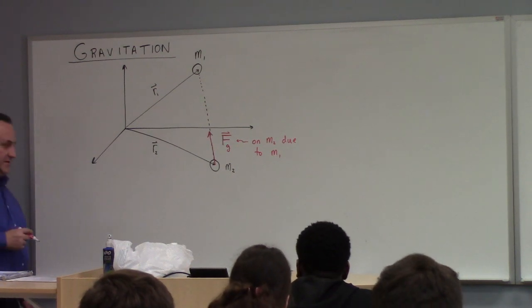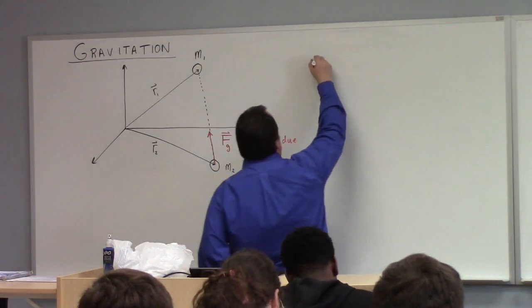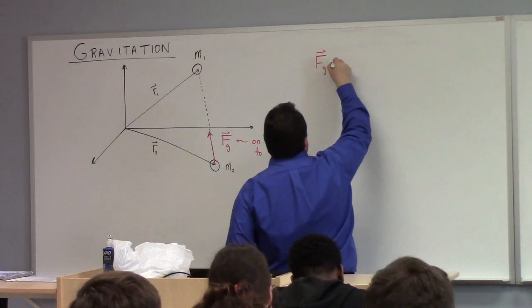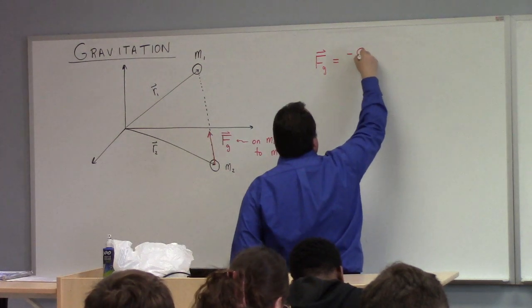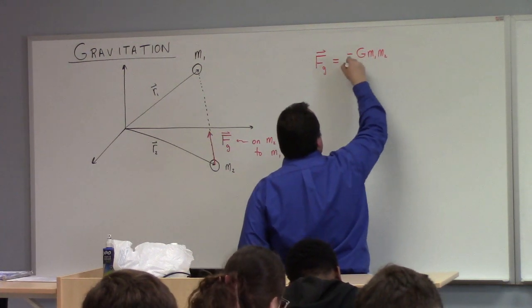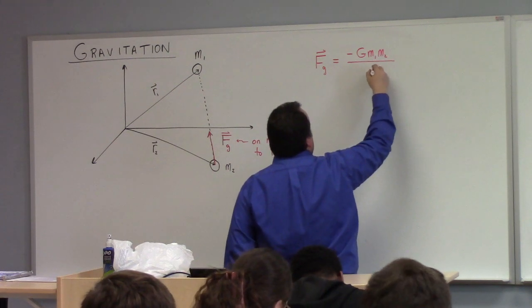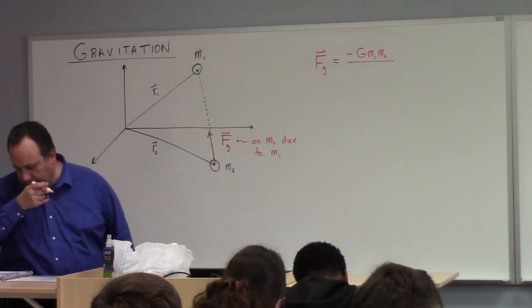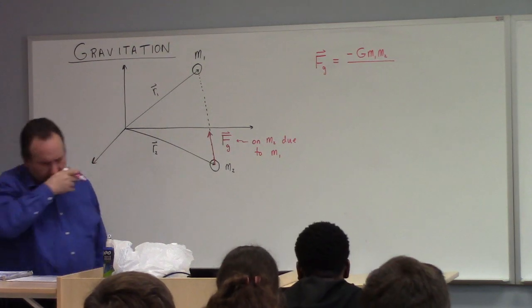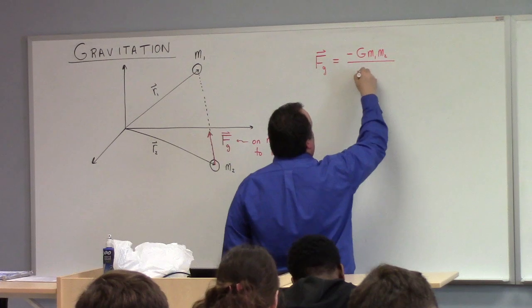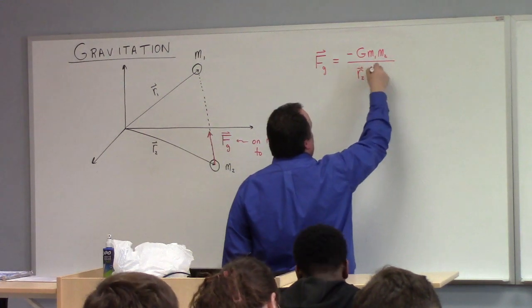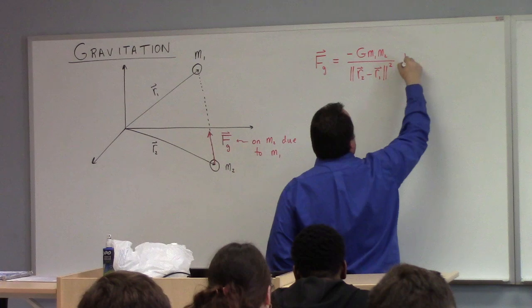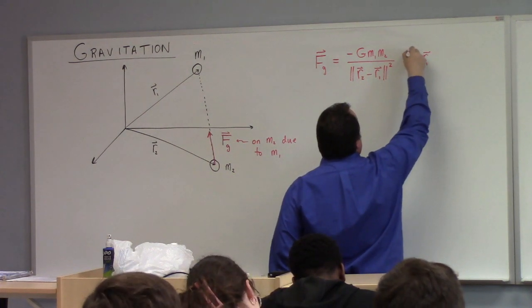And what's the formula for this? Well, the force of gravity, like I just said, on M2 due to M1 is equal to minus big G M1 M2 divided by, let me stick with my notation here, script R, which is R2 minus R1, the length of that squared, times the unit vector of that guy.